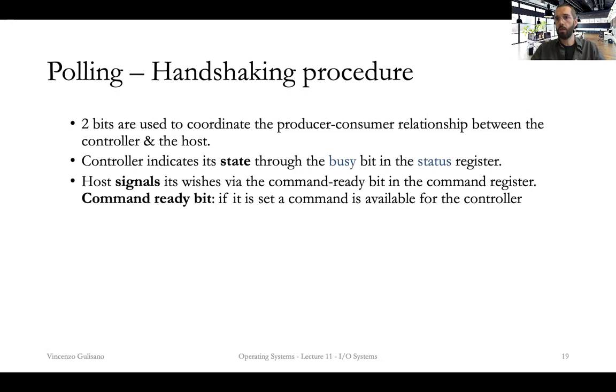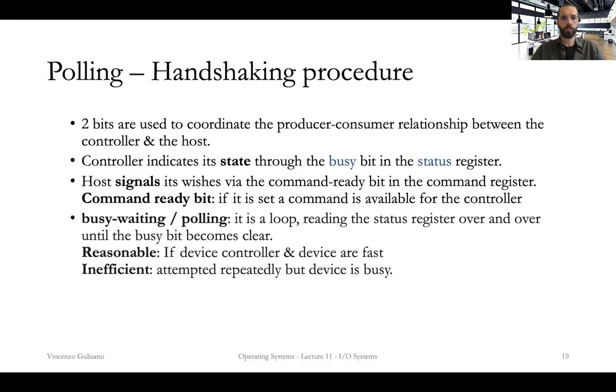The host sends signals about the fact that it wants to interact with the controller through the command ready bit. Basically it notifies the controller that a command is available, that is ready, and the host would like to issue that command to the controller.